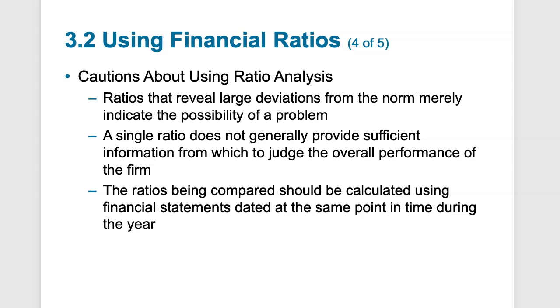But there's no single ratio that should be 100% of the focus. So when we're looking at these different ratios, we don't want to judge the company just on one ratio. It's a holistic approach, looking at all the different financial ratios to get a better idea of the company.